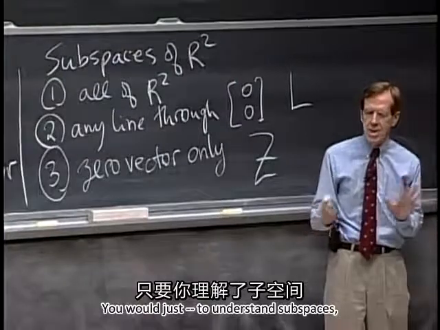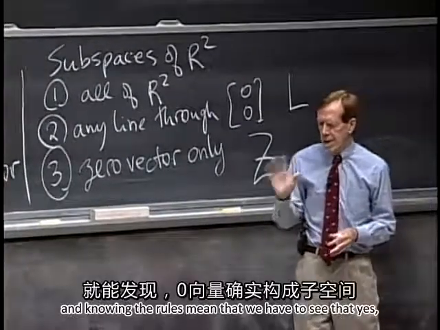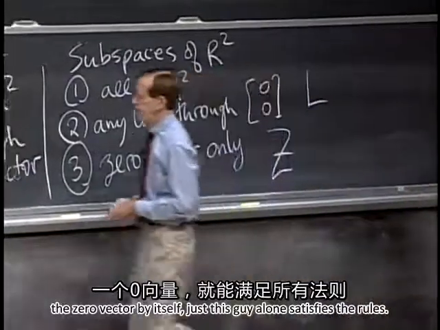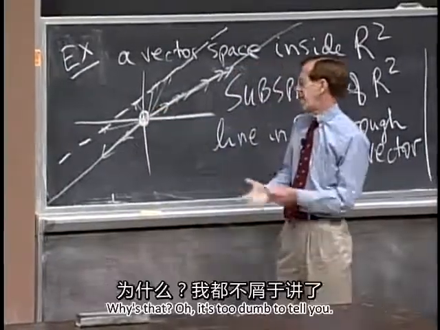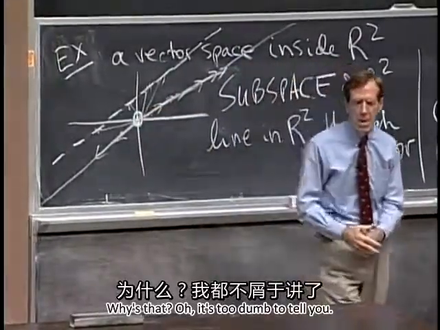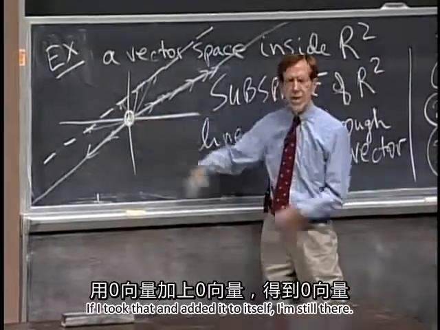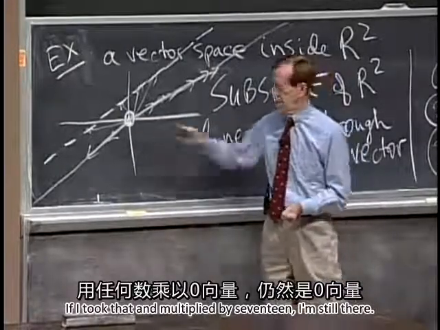To understand subspaces, we have to know the rules. And knowing the rules means that we have to see that, yes, the 0 vector by itself, just this guy alone, satisfies the rules. Why is that? Oh, it's too dumb to tell you. If I took that and added it to itself, I'm still there. If I took that and multiplied by 17, I'm still there.